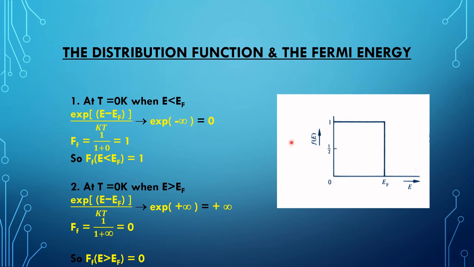And the probability of a state being occupied is 0 when E greater than Ef. So all electrons have energy below the Fermi level at T equal to 0 Kelvin. So this is the plotting of the Fermi-Dirac distribution function, which we can plot from this expression, first case and the second case. So this is called the distribution function and the Fermi energy plotting. Okay.